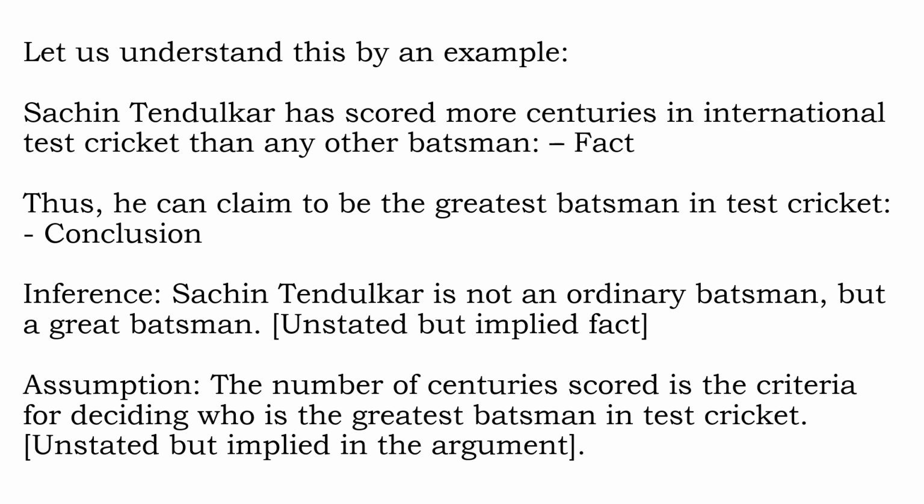Because the person who has written the passage assumes that the criterion for the greatest batsman is that, of all the great batsmen who have played international test cricket, the person who has scored the maximum number of centuries should be considered the greatest batsman. So when you have this assumption, then it directly leads to your conclusion that Sachin Tendulkar is the greatest batsman in test cricket. In a normal situation, do we think about all these things? No, we just think about these two statements and we say that it is perfectly valid.